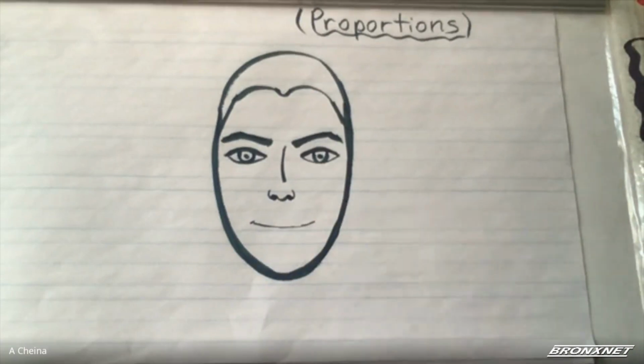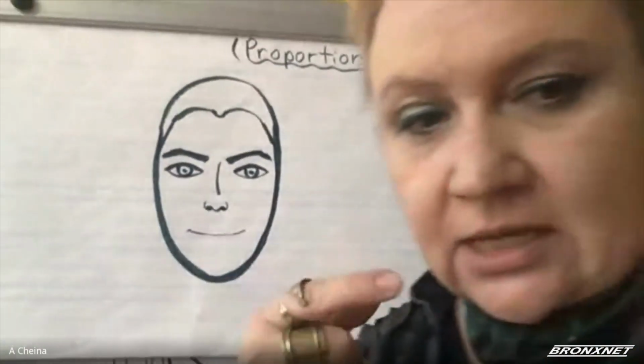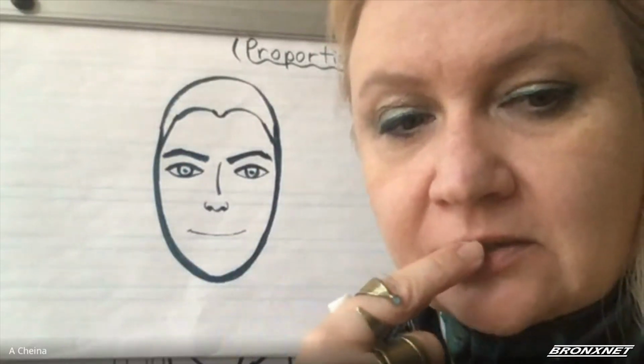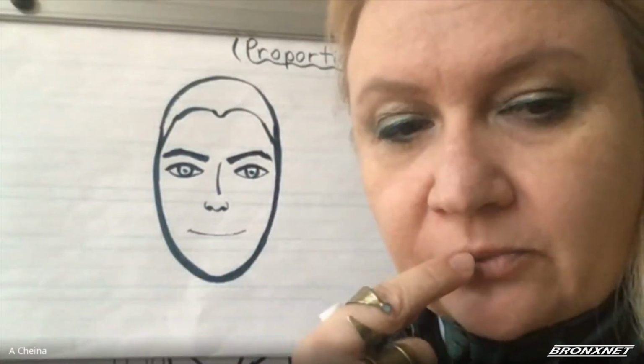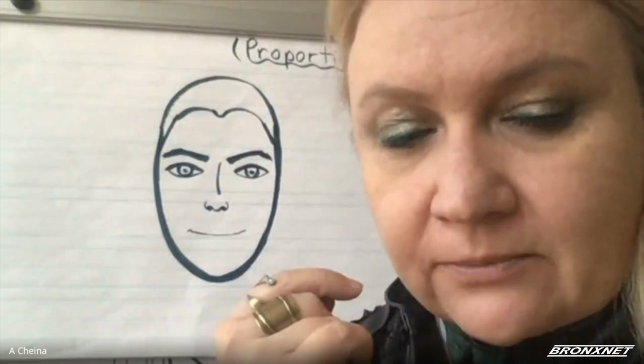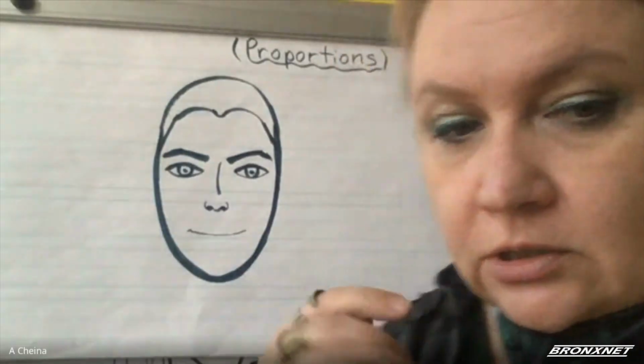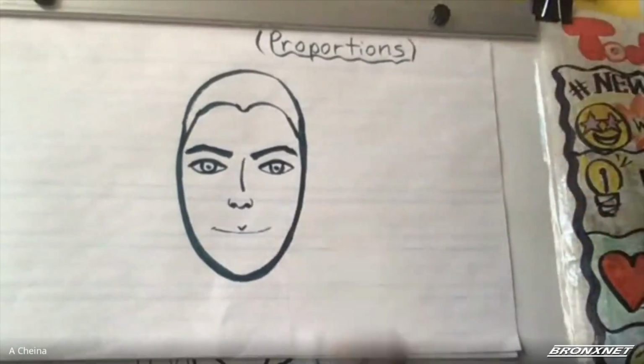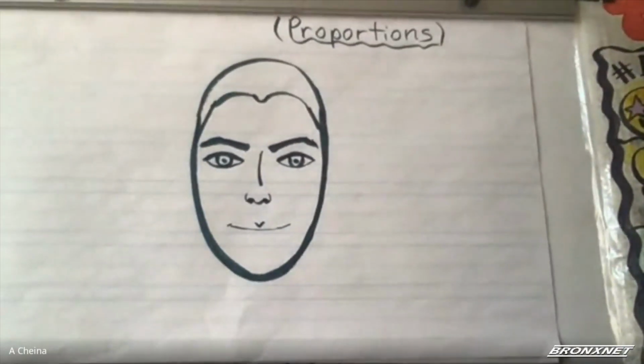So now for the upper lip, you're going to study the curve, the way it goes. Mine is kind of like a very pointy V shape in the center. So I'm going to draw that. I'm going to make that V right here.